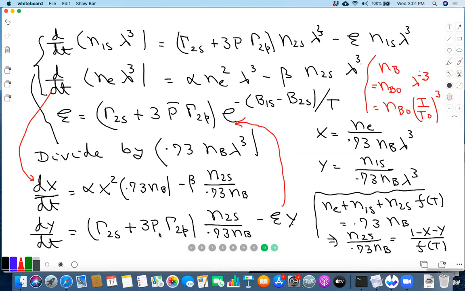Sir, I need to ask about this epsilon. When we were calculating epsilon using thermal equilibrium, we assumed that this P that we got in gamma 2s plus 3 gamma P 2P is 1, because the number of photons that is produced is very small compared to the number of photons in the thermal bath.